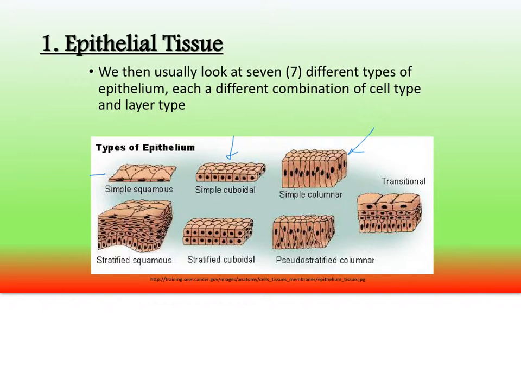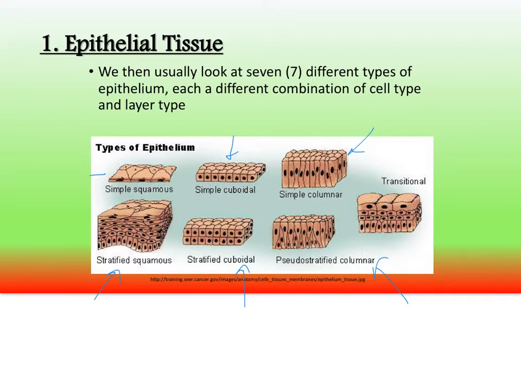Or you can have multiple layers, right? Stratified squamous, several layers of flat cells. Stratified cuboidal, several layers of cube-shaped cells. Pseudo-stratified columnar. You don't see true stratified columnar. They don't really stack on each other. But you can see this thing that looks like columnar and looks like multiple cells, and that's pseudo-stratified.